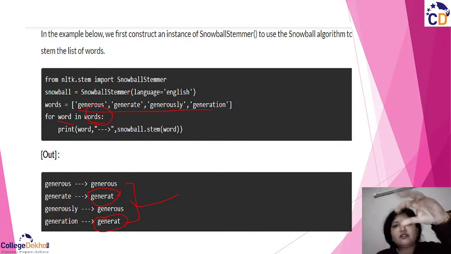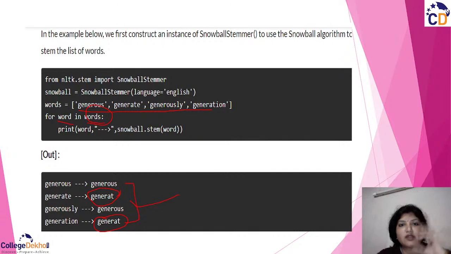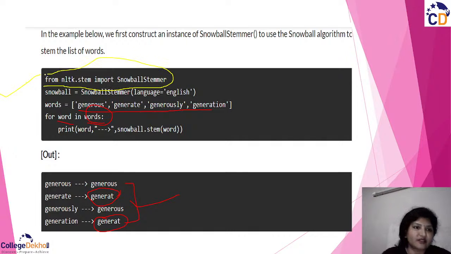From there we have taken the stem class only, which consists of a number of functions like the Snowball stemmer, the Porter stemmer, the Lancaster stemmer, or the regex stemmer, right? This is the basic library for using the stemmer functions, and for lemmatization we will be using some other library as well. You need to import this package, otherwise your different types of stemmers won't work, right?